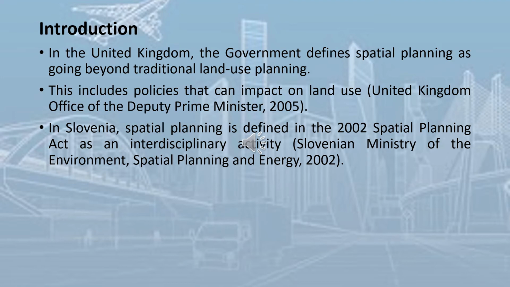This includes policies that can impact on land use, but which are not capable of being delivered solely or mainly through the granting or refusal of planning permission, and which may be implemented by other means. Now, this comes directly from the United Kingdom Office of the Deputy Prime Minister and it dates back to 2005.